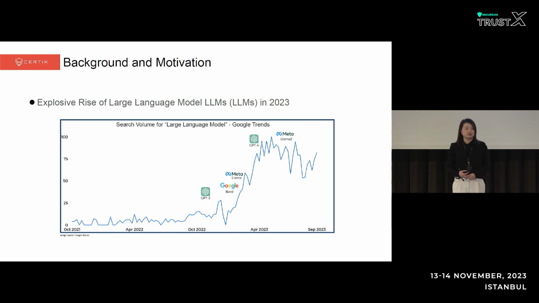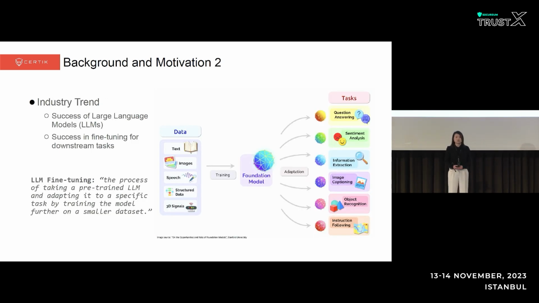In the past years, large language models have definitely proven to have really impressive capability in generating human-like text, and have started helping us in day-to-day operations. In our focus, the industry trend has successfully shown large language models used not just for general tasks, but also fine-tuned for downstream tasks.